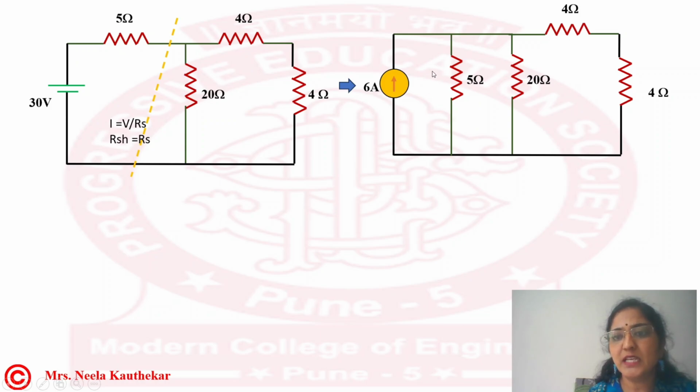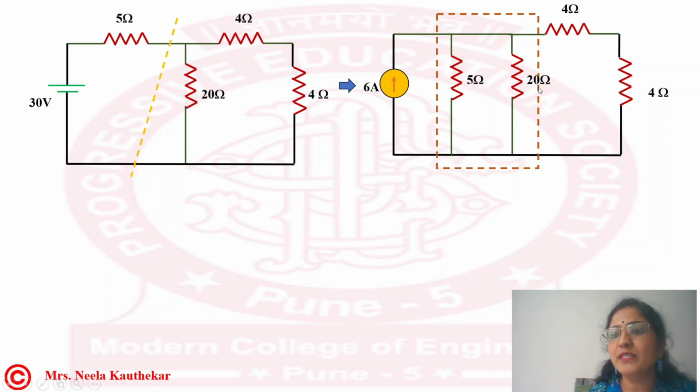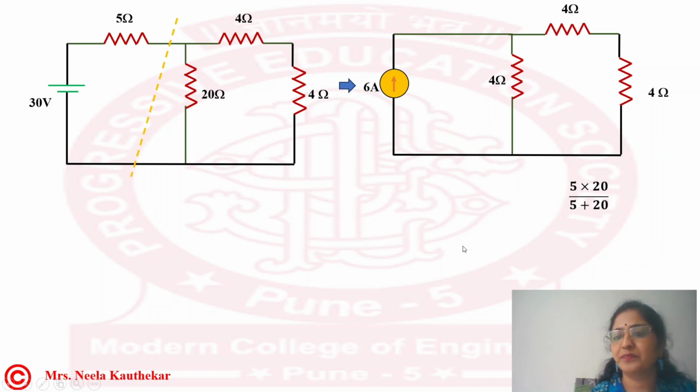Now in this circuit, we are going to calculate the equivalent resistance because this 5 ohm is in parallel with 20 ohm. 5 parallel with 20 means 5 into 20 divided by 5 plus 20. So 100 divided by 25, that is, the equivalent resistance is 4 ohm.